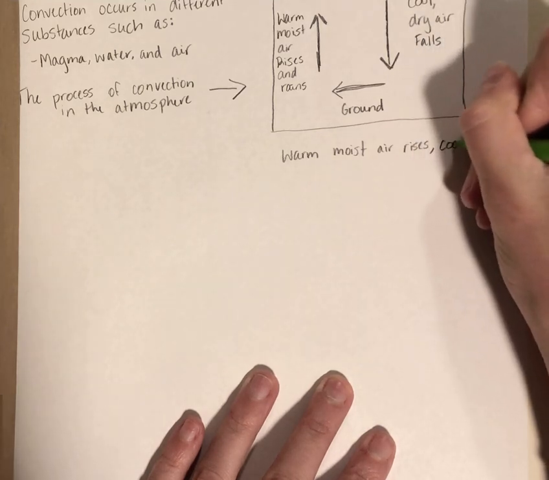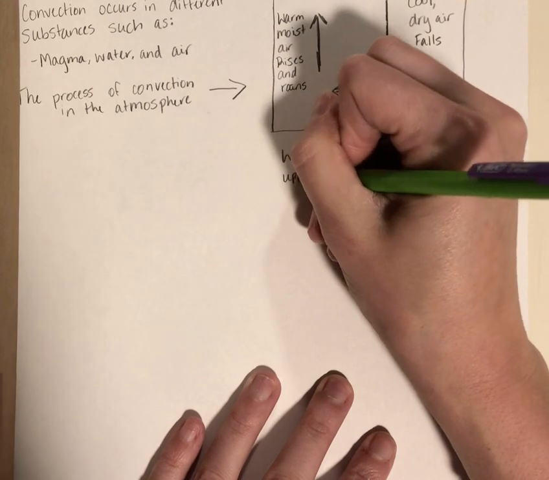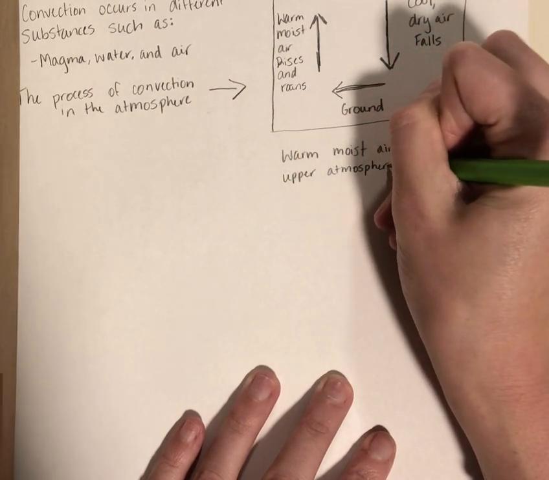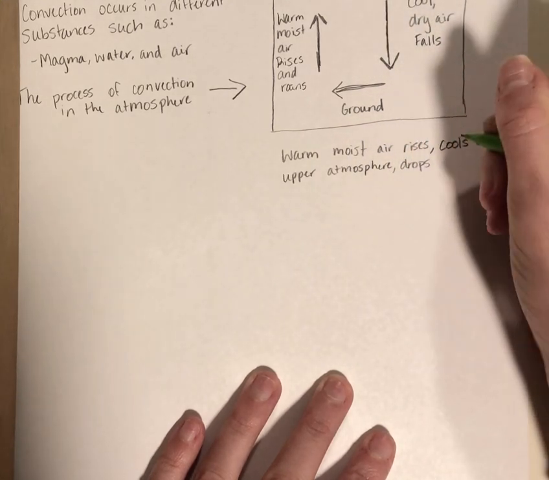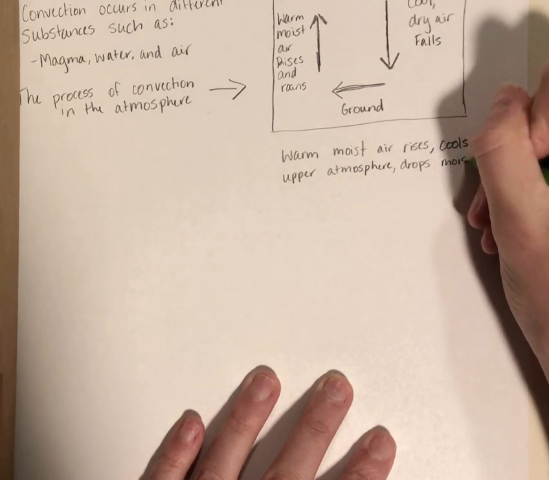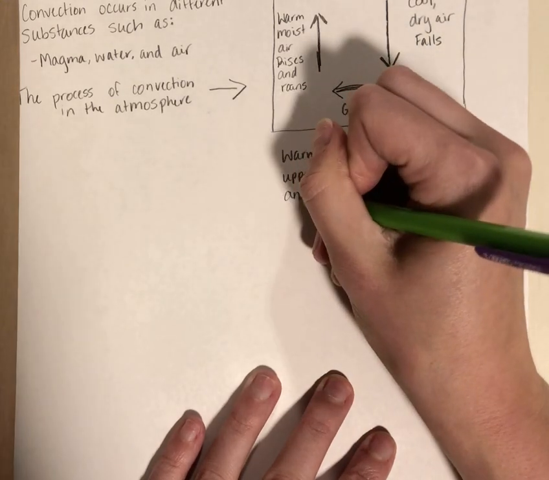It cools in the upper atmosphere. Drops moisture, so when it rains, it drops that moisture. And diverges.